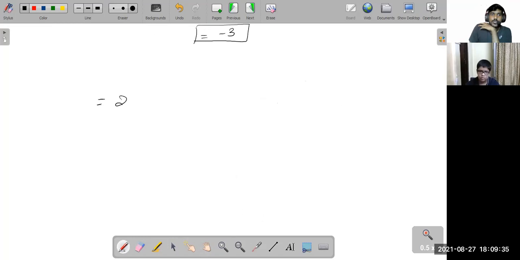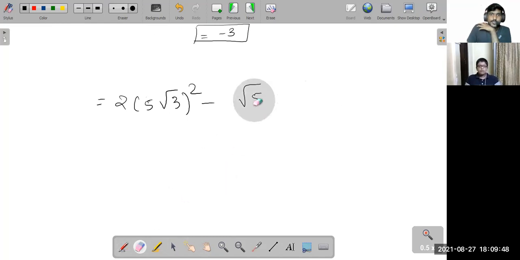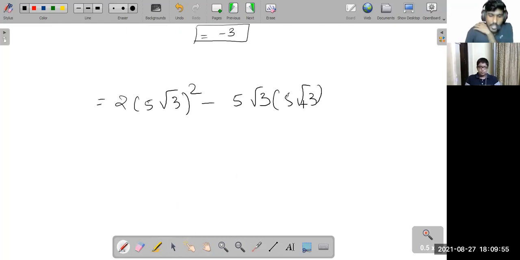First take the square of 5 root 3. So 2 into 5 root 3, sorry, 5 root 3 whole square minus 5 root 3 into 5 root 3, and last you have plus 5.